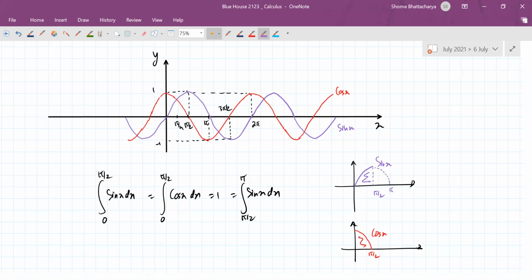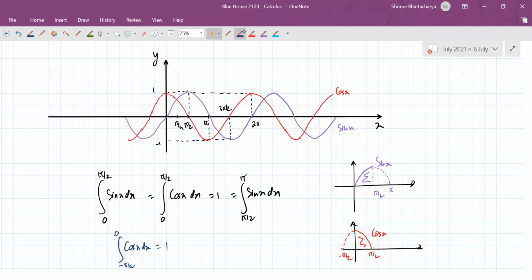But for example, the integral of cos x from minus pi by 2 to 0 is also 1, because cos x is like this. Okay. So that is why your D part's answer comes out to be 2.